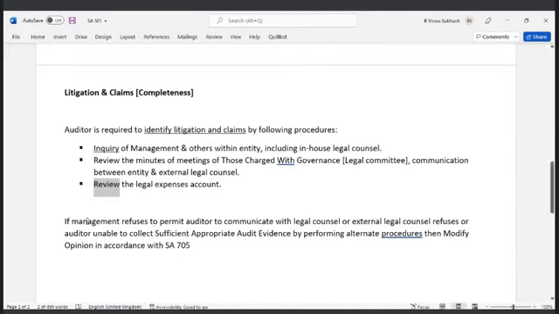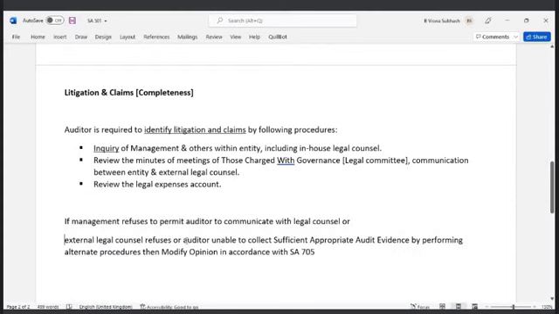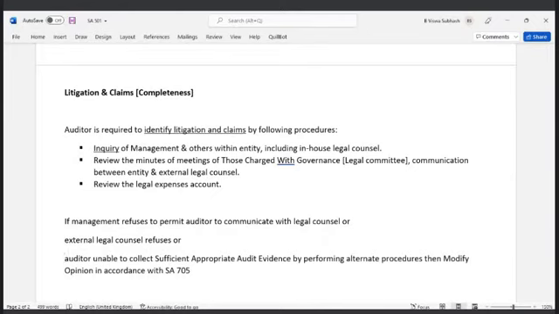Next, if management refuses to permit the auditor to communicate with legal counsel, or the external legal counsel refuses, or the auditor is unable to collect sufficient appropriate audit evidence by performing alternative procedures, then they are saying modify the opinion.